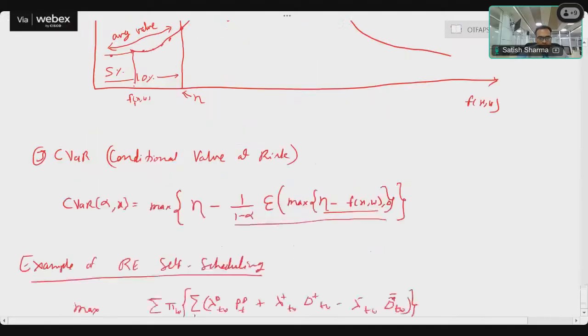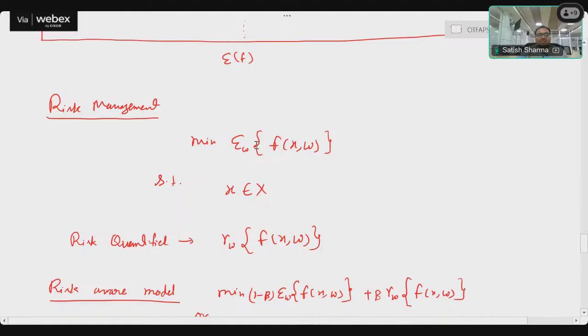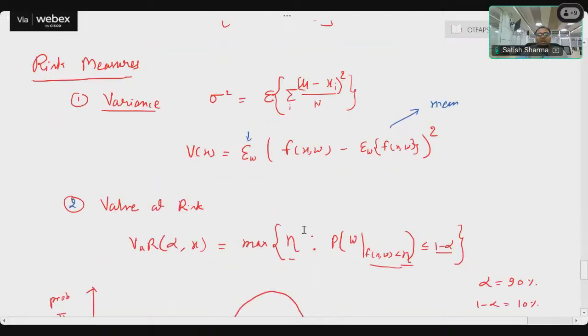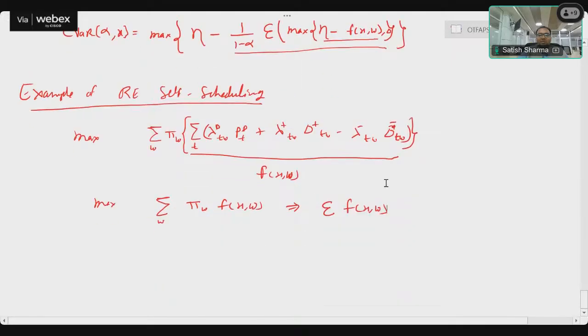So if you go back to what we explained, our objective function is either minimization or maximization of fxw, then we can calculate the risk value. And once we have obtained this value, if I want to model with, let's say, variance, okay, I will put maximization of this expected value of fxw.